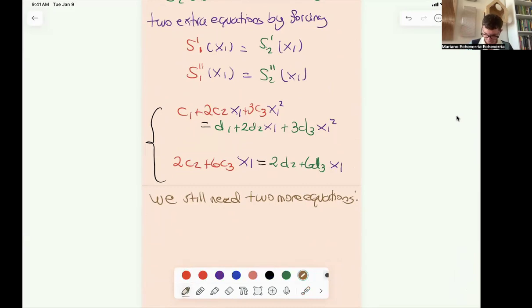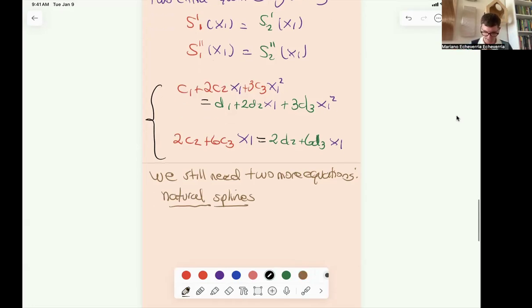So I don't want you to think that that's the only thing you could do, but that is the one we will use for our context. And so a natural spline would just be to ask for the second derivatives to be zero at the first and last points.